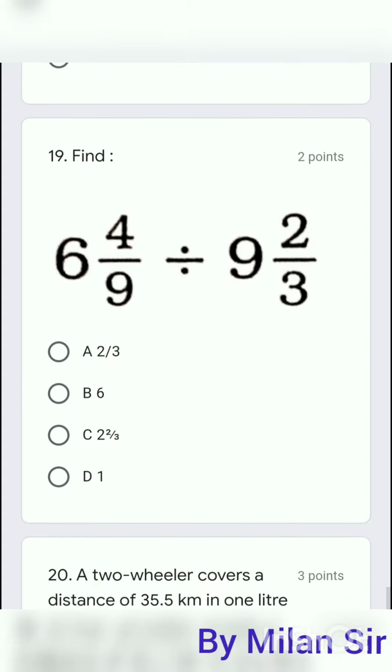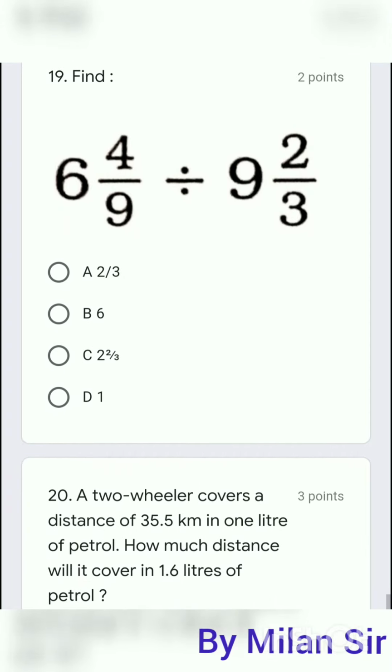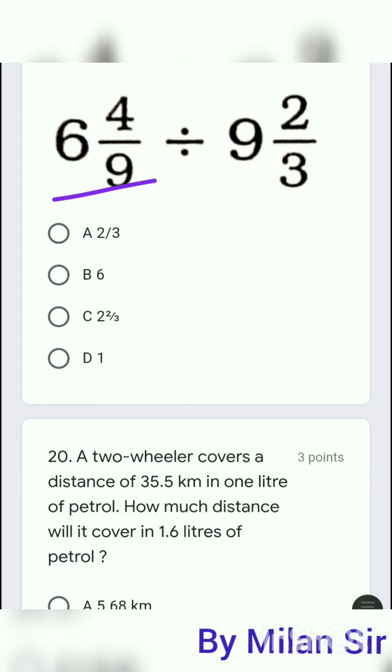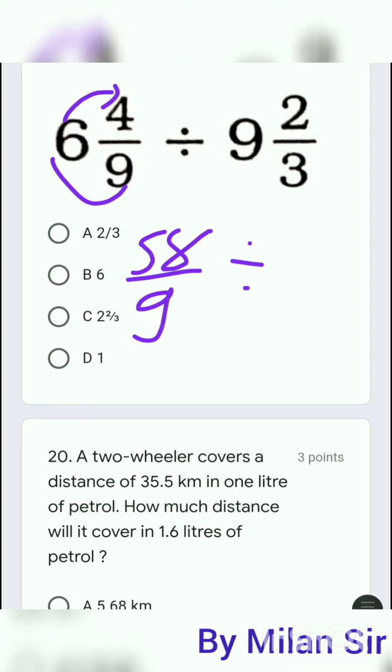Okay. After that, question number 19. Here 6 integer 4 by 9, divide 9 integer 2 by 3. First of all, convert both these mixed fractions into improper fractions. So here 9 6s are 54 plus 4, 58 divided by 9, divide 3 9s are 27 plus 2, 29 divided by 3.